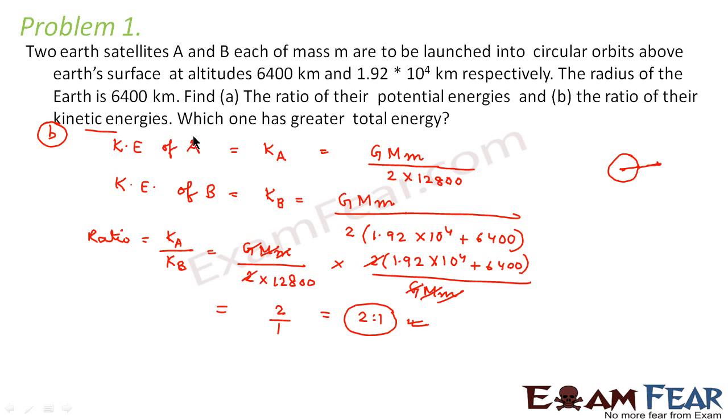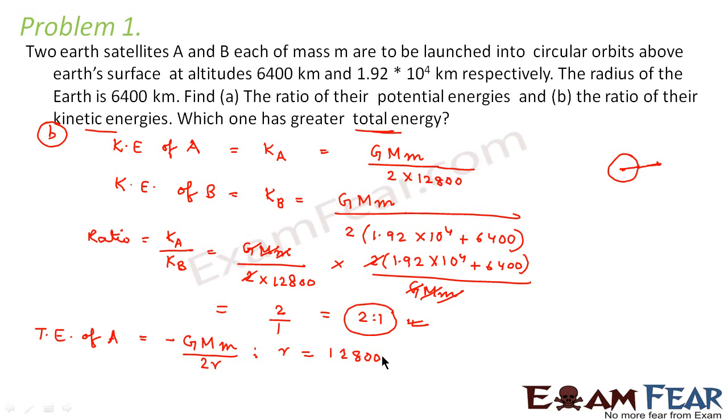Now what does the last part of the question ask? It asks which one has greater total energy. Let us look at that. Now what would be the total energy of A? As per the expression, we know that the total energy would be minus G into capital M into small m divided by 2R, where R is equal to 12800.